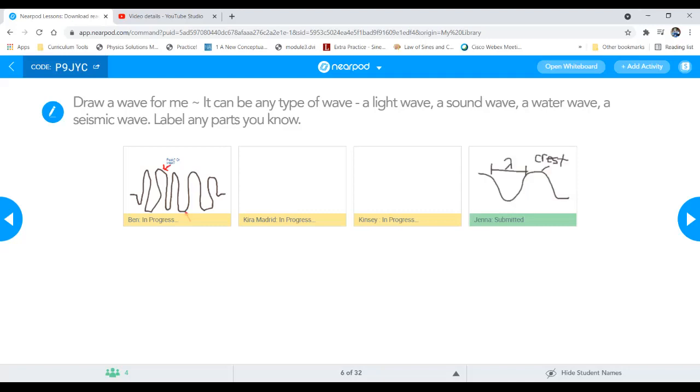Very good. So we've got the crest from Jenna. We've got wavelength, which is correct. And Ben has labeled peak or crest. And you're right, they are both correct terms. Usually we refer to it as the crest.